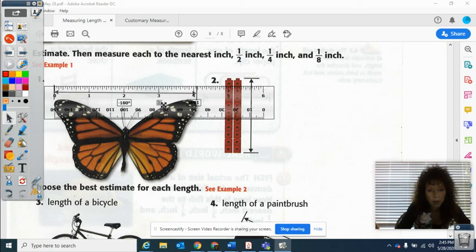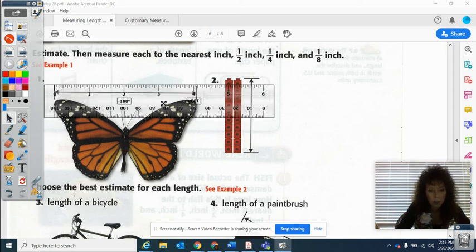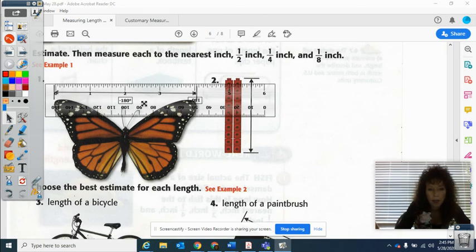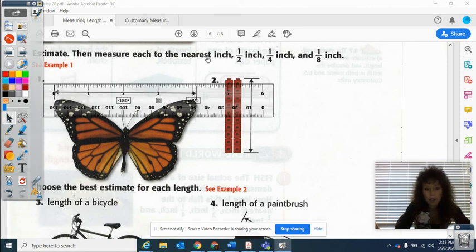You can see where it's pointing. Okay. So using this ruler that I have on my screen, you're going to decide what is the length of that butterfly to the nearest whole inch, and you're going to write that down.